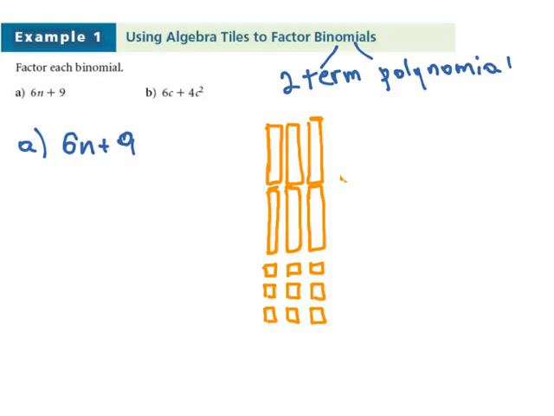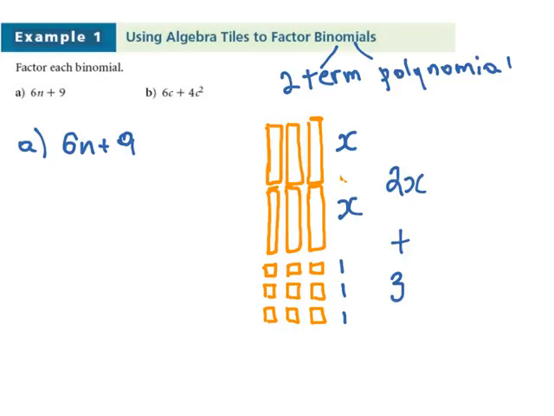So now the entire area is 6n plus 9. But we're looking for the dimensions of these rectangles. That's what factoring really means. So let's take a look at just the height of this. We know that the length of this rectangle is x, and we have another x, and a 1, a 1, and a 1. So when we add the two x's together, we'll get 2x plus 3, because 1 plus 1 plus 1 is 3.